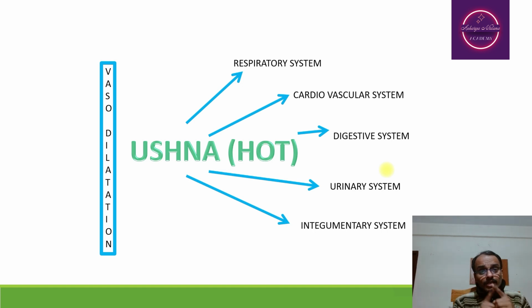That means whenever there is increased peripheral vasodilatation, there is every possibility of bleeding through the nose. That is what we call epistaxis, or raktapitta, urdhvaga raktapitta, if a person is inhaling an excessive amount of hot air.